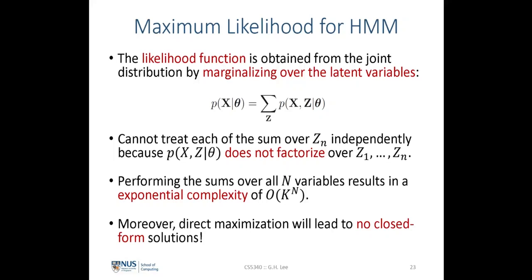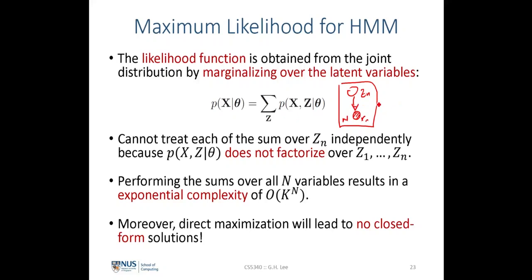And what's interesting here is that we cannot treat each one of the sums over Zn independently, because the joint probability distribution does not factorize over Z1 all the way to Zn over here, in comparison to what we have seen in the previous lecture on the Gaussian mixture model, or the mixture model in general, where each one of the latent random variables is independent of the others, given by this particular plated notation over here.